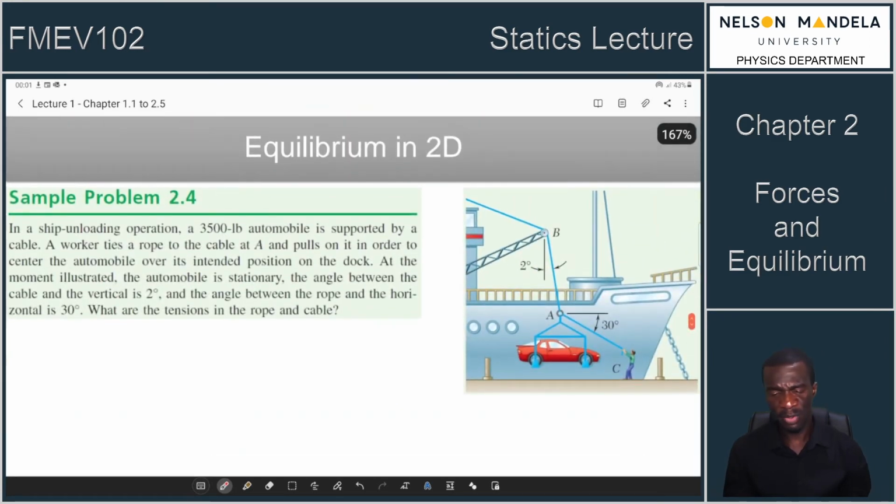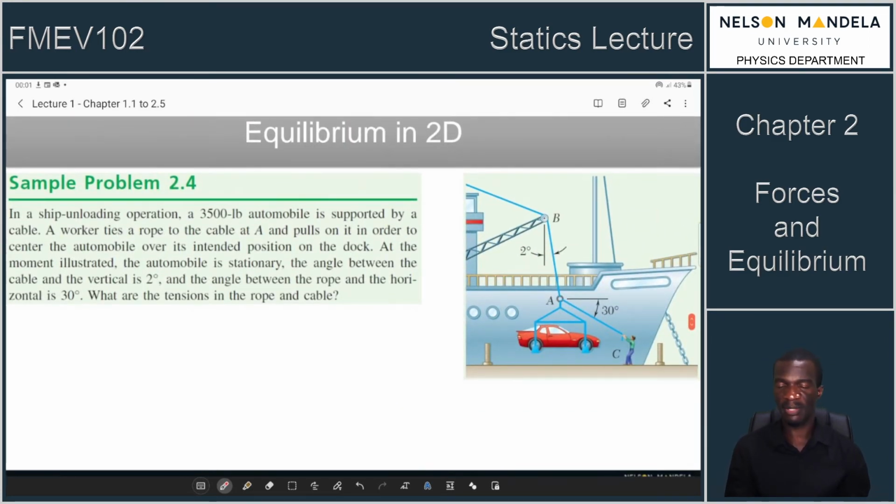So an example problem is given here, simple problem 2.4. In a ship unloading operation, a 500-pound automobile is supported by a cable. A worker ties a rope to the cable over its intended position on the dock. At the moment illustrated, the automobile is stationary.